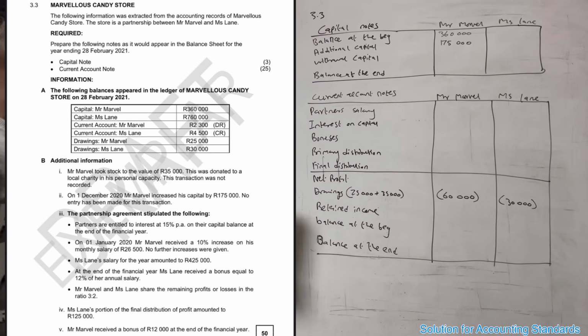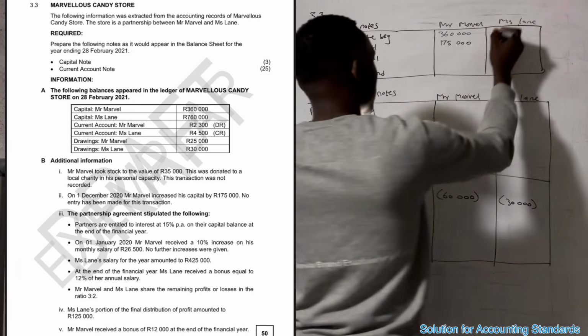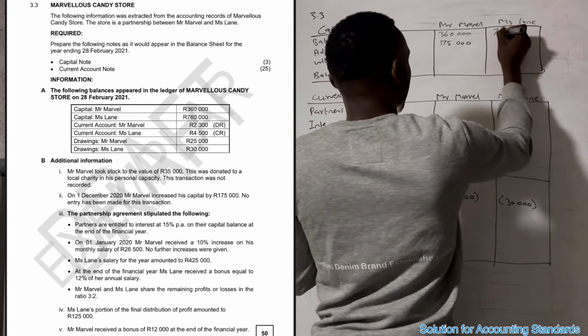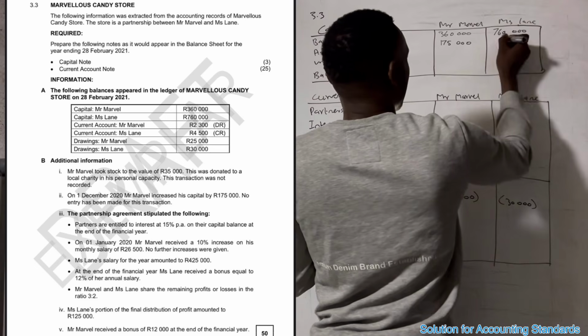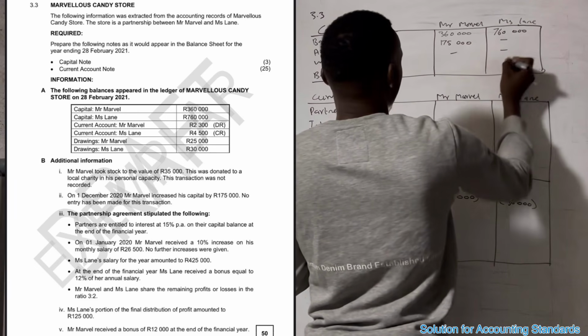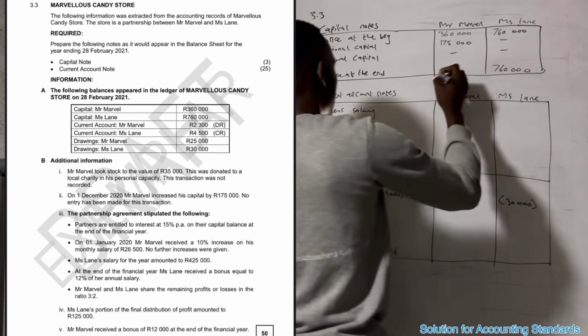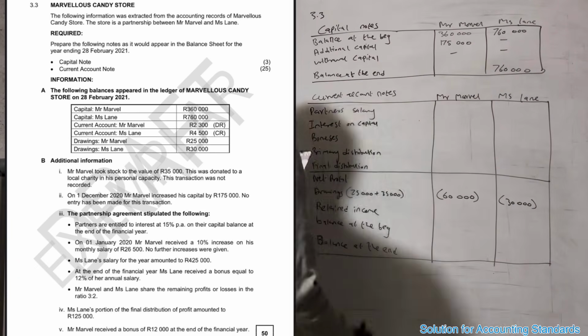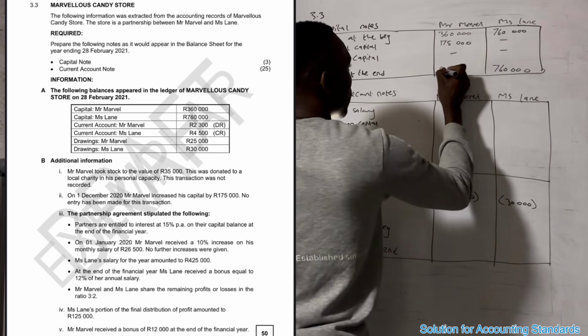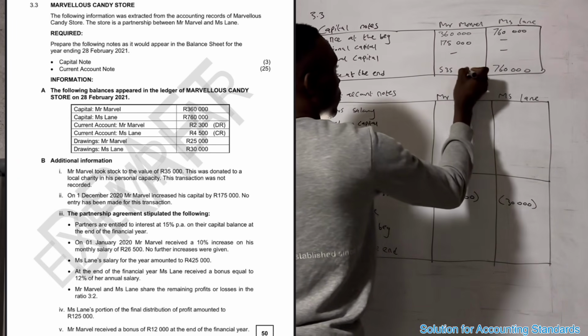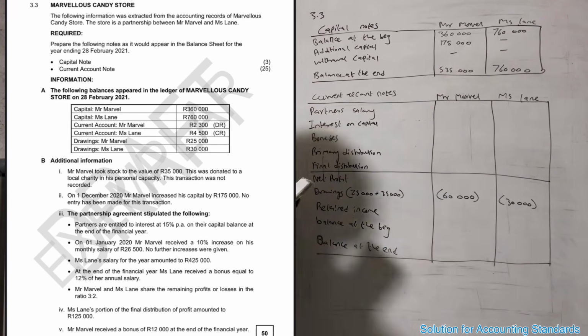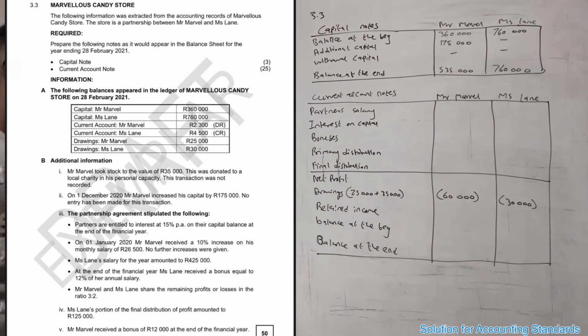Then for Mrs. Lane, she never did any changes during the year. It was 760,000 and no addition, no withdrawal, and at the end it was the same. So for this one, at the year end, it was 535,000. These notes contain only 3 marks, so there was not a lot about it. Okay.